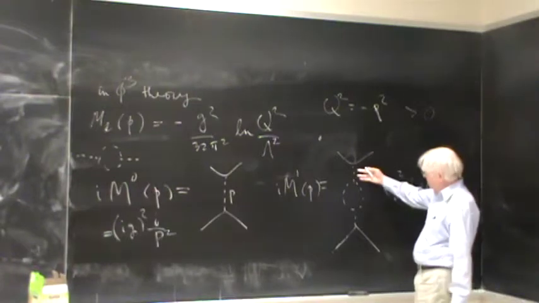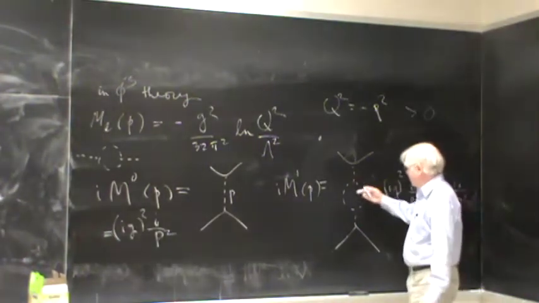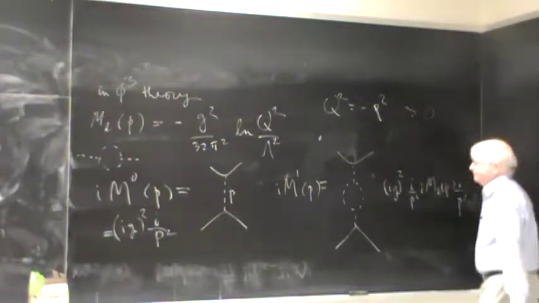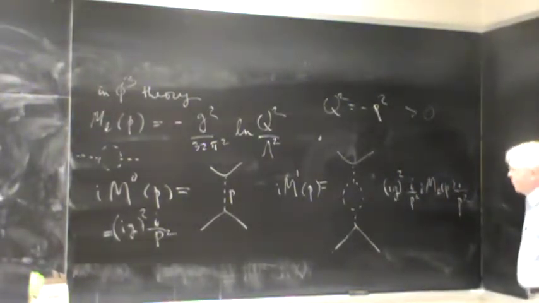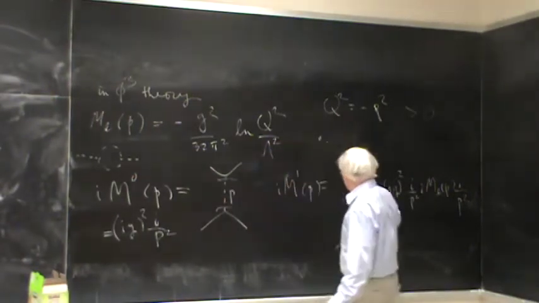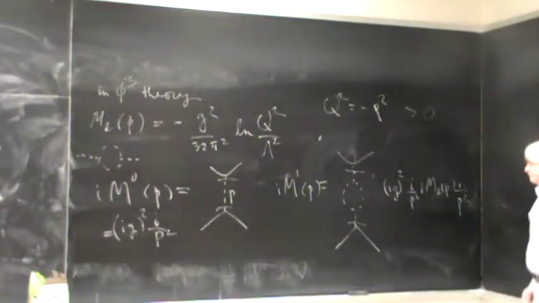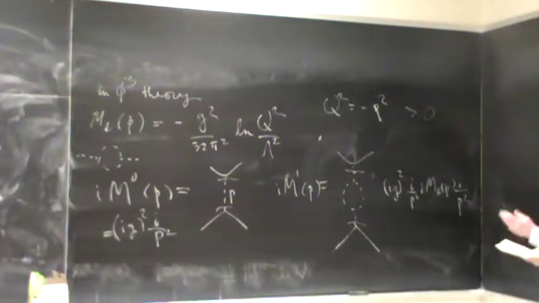So the i over p squared is this part and this part, and then the i g squared gives you these two vertices. So we're basically looking at this part of the diagram and then this part of the diagram, and that's why p squared is negative.